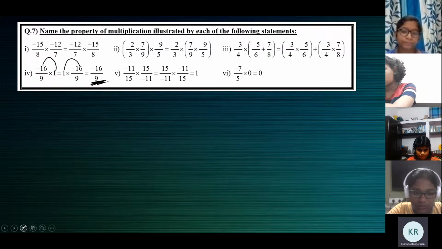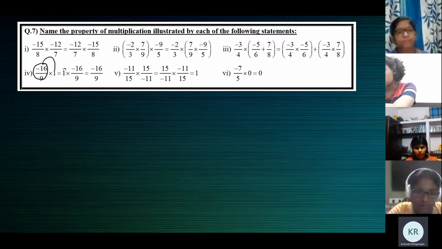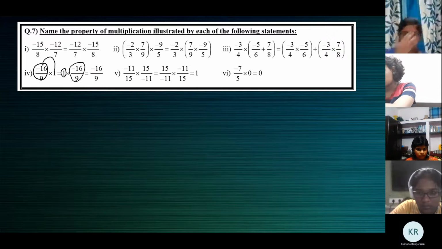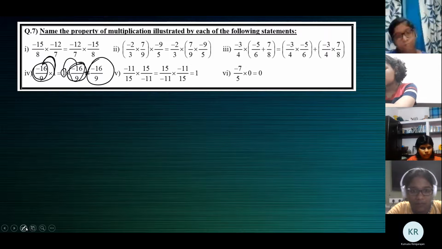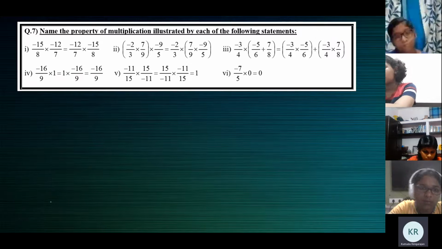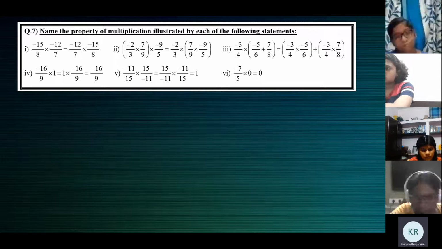So this illustrates that 1 is the multiplicative identity of rational numbers.